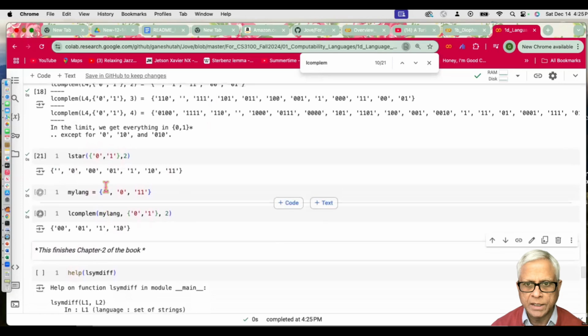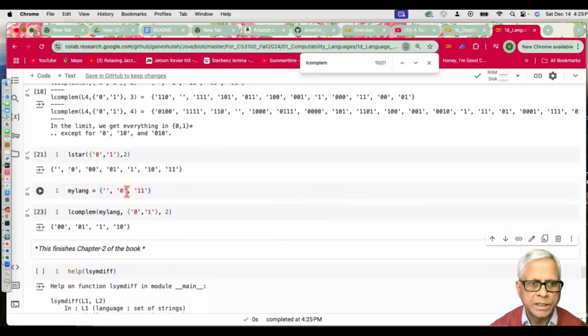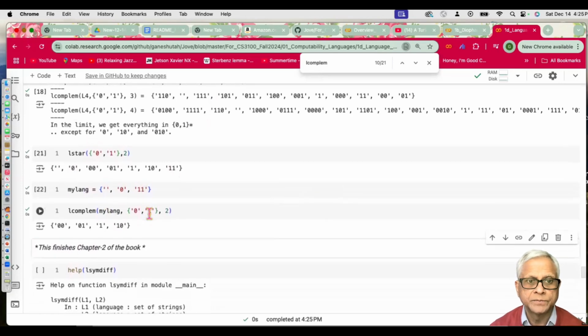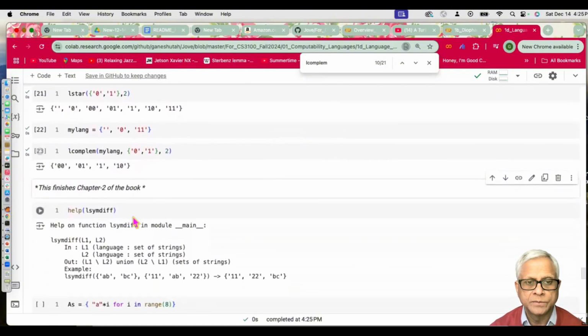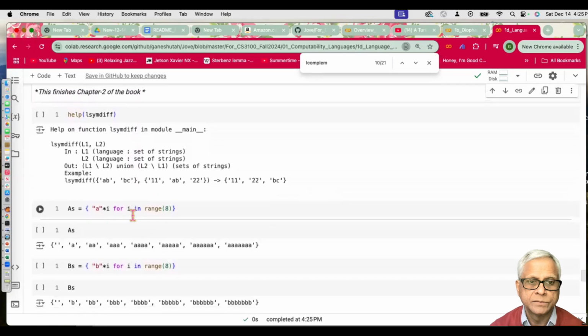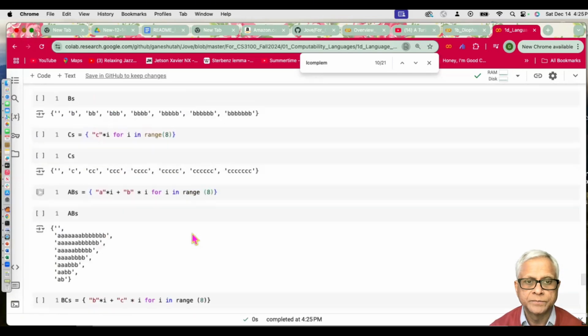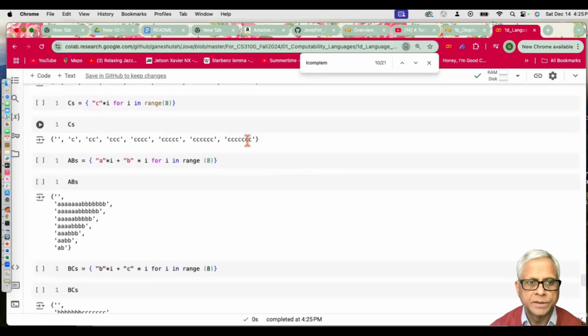So let's make a certain language, my_lang, equal to, let's say my language contains epsilon and 0. That's all. Or maybe 1, 1. So that's my language. Now I want to complement my language, and the alphabet for the complementation is 0, 1.